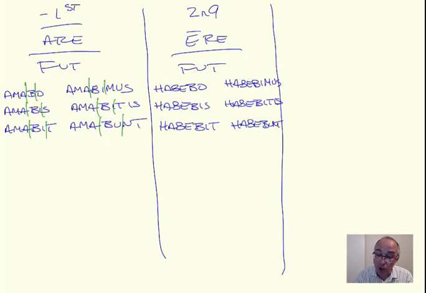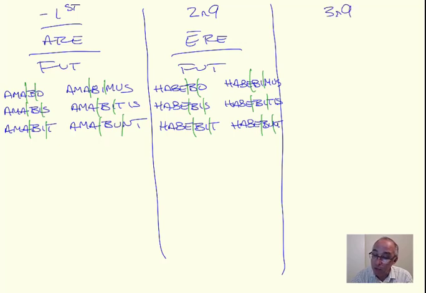And again, we're going to just take a look at this. Habe is your stem. The B, BI, or BU is your tense indicator. And the endings are the endings you're familiar with.